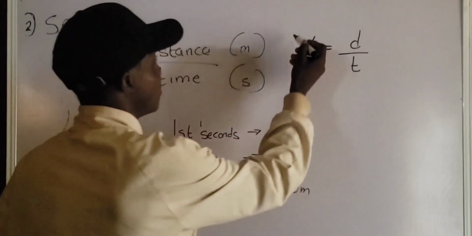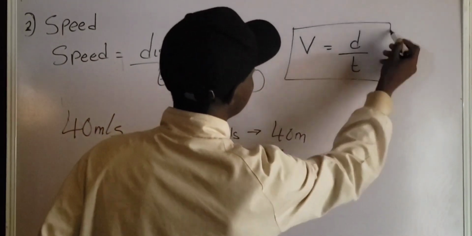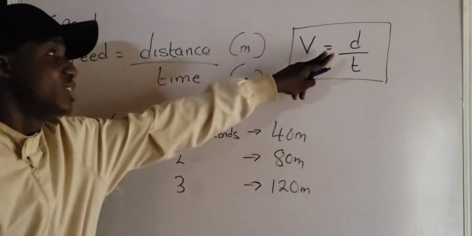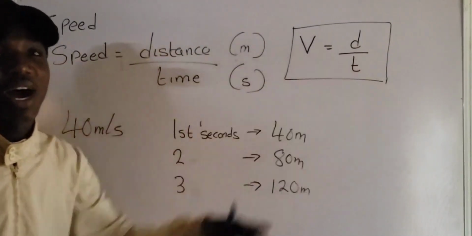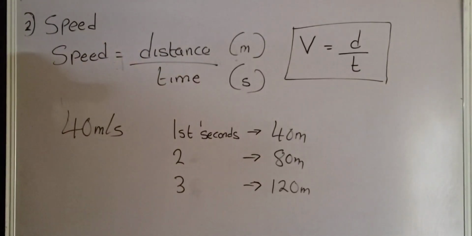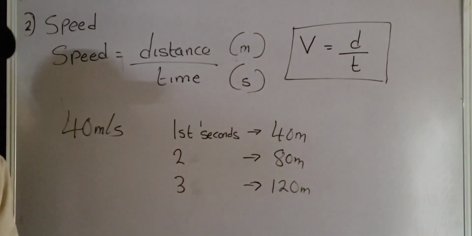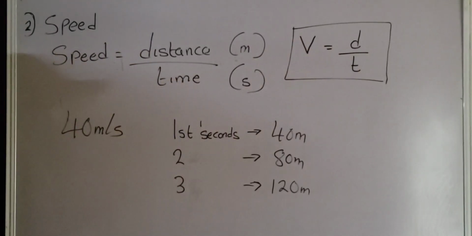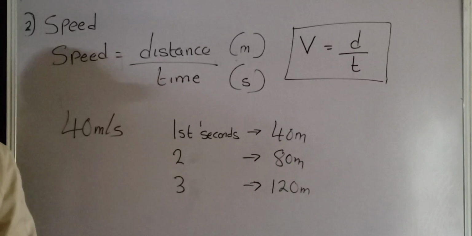Speed is equal to distance over time. And since speed is distance over time, this means that speed is a scalar quantity, because it involves distance, and distance only has magnitude but no direction. So speed is also a scalar quantity.